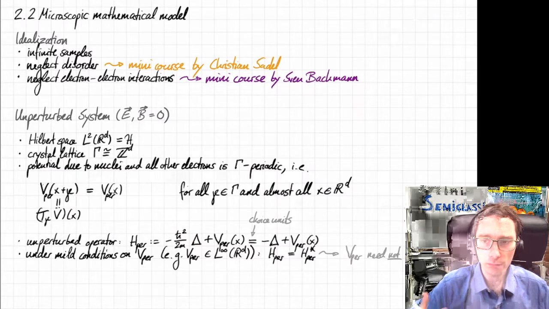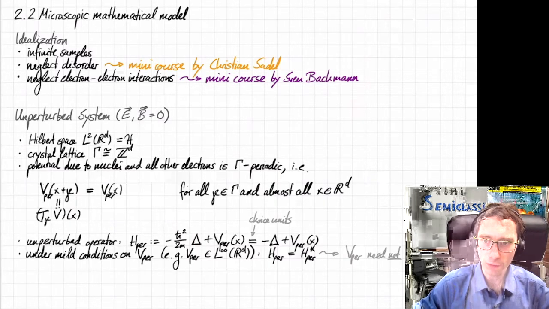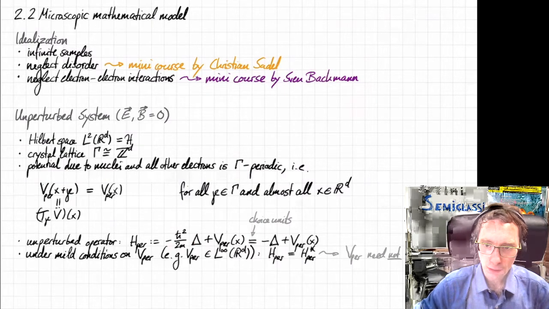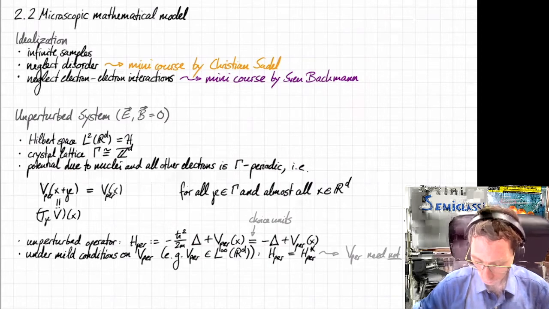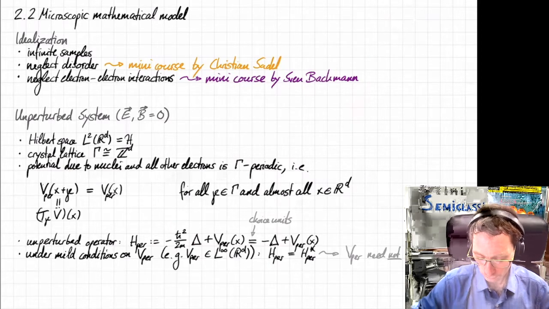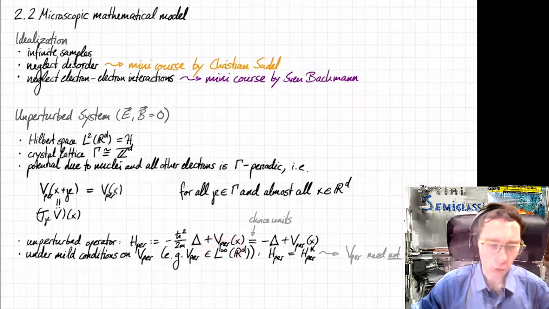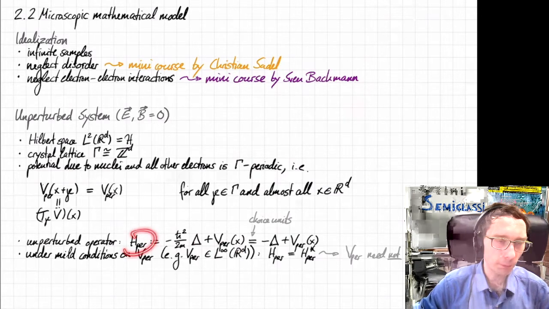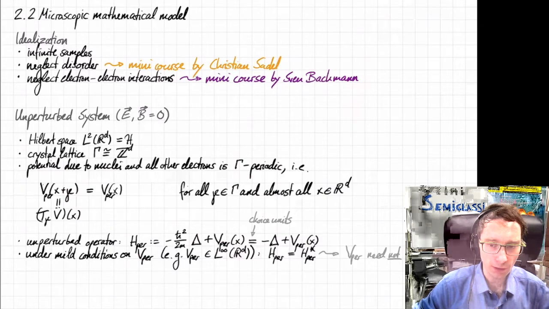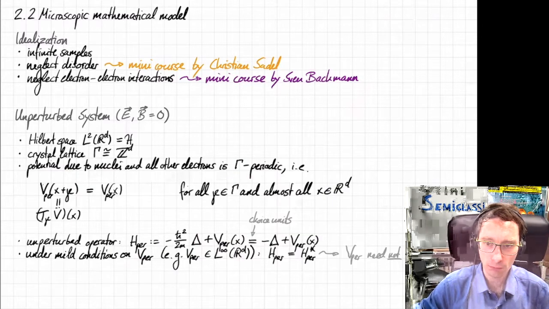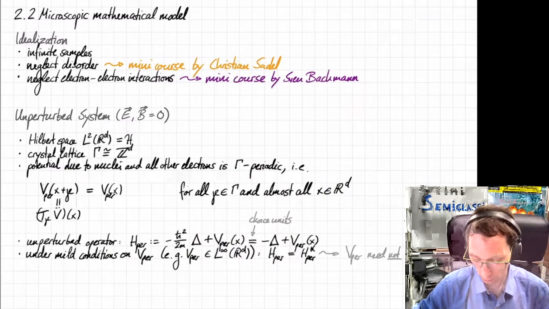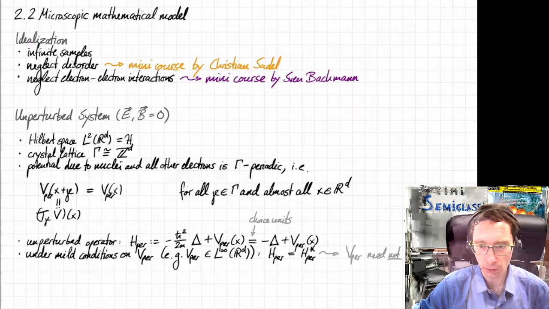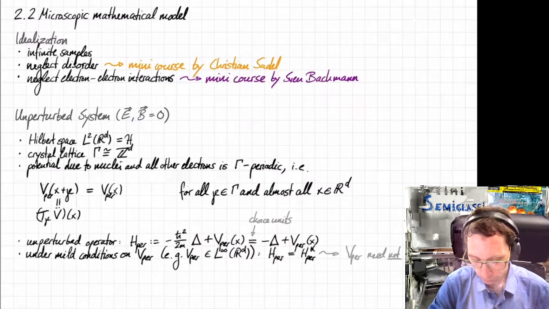Basically, this just ensures that the operator that we're dealing with is well defined. For example, if the periodic potential is in L infinity, then the domain of the periodic operator is just the second Sobolev space. That's fairly standard, nothing to write home about.